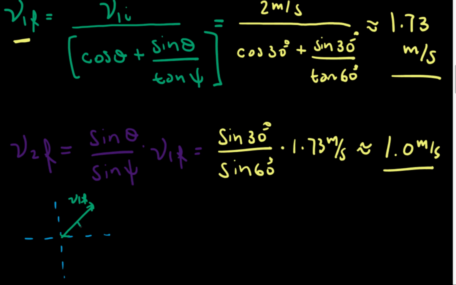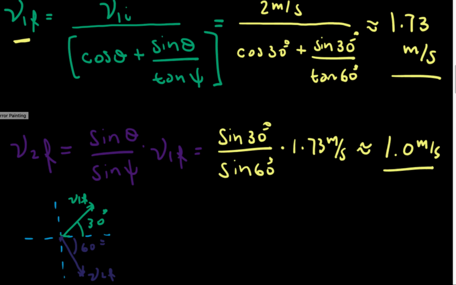And remember, this is an angle of 30 degrees. Now, if we think about what we just solved here for V2 final, this angle is 60 degrees. In V2 final, the length of this arrow right here is 1.0.